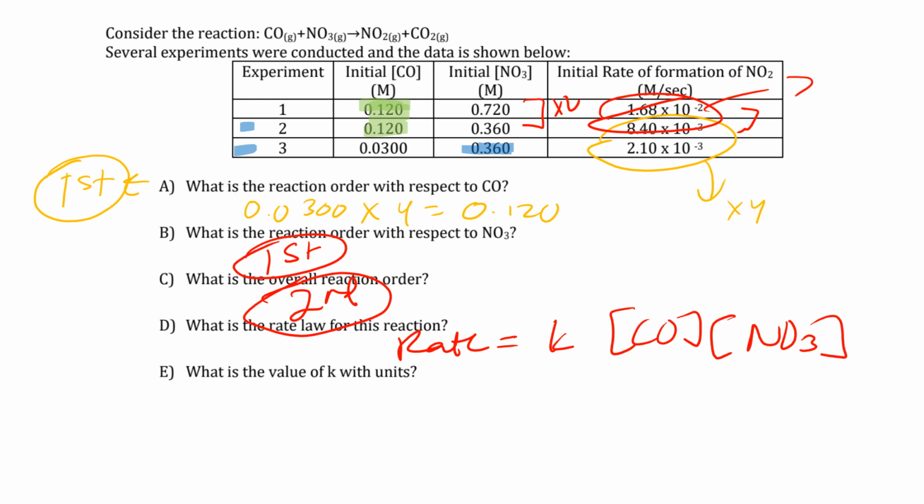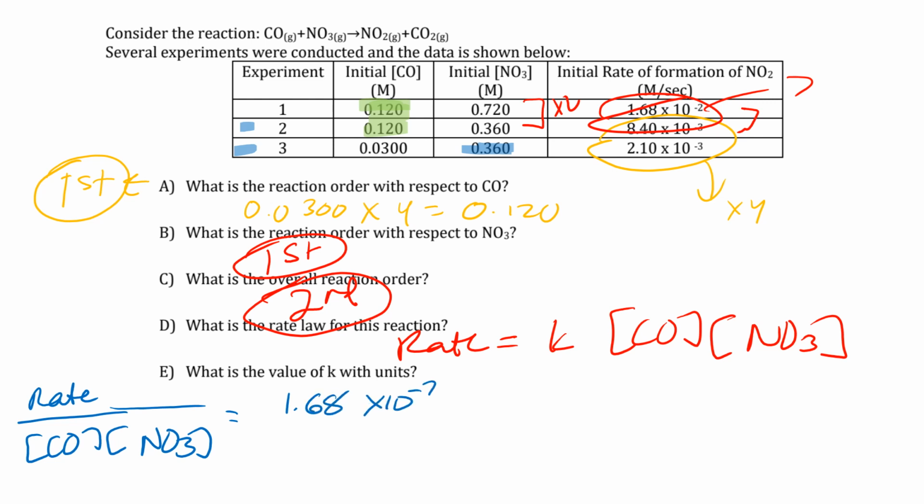I want to solve for K, so it's going to be the rate divided by the concentration of CO and then NO3 on the bottom. The rate was, let's pick the first one to make it easy, 1.68 times 10 to the negative 2 molarity over seconds.